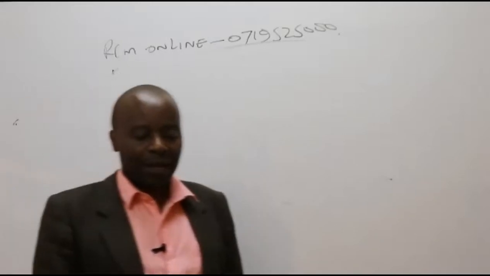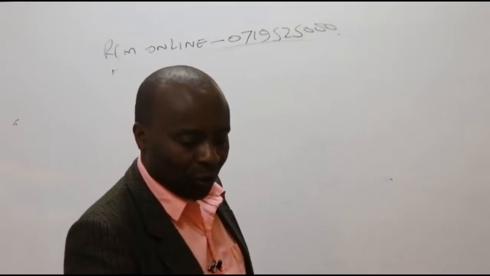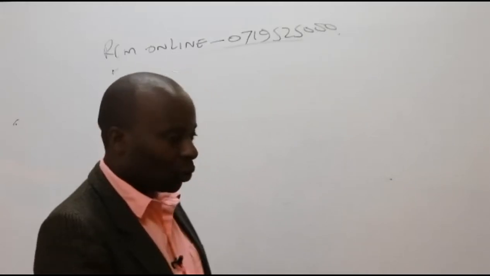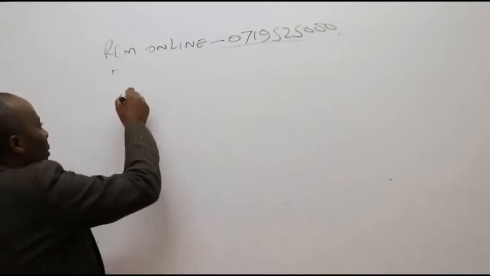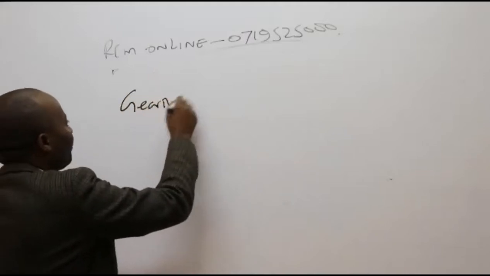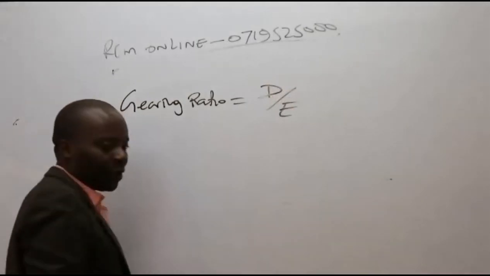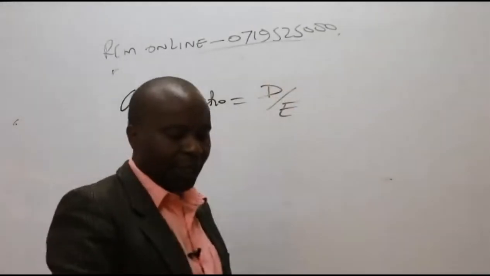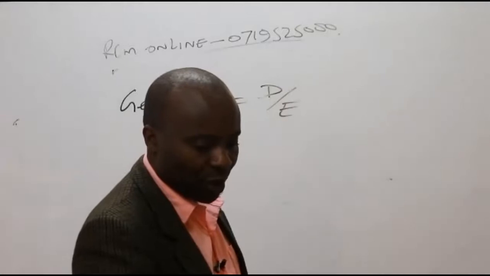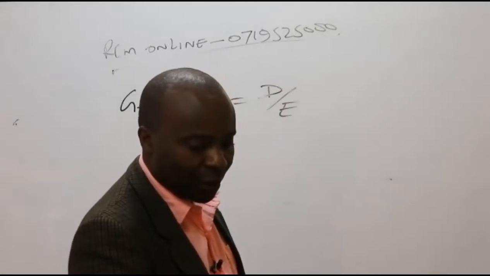For us to understand this, we have these formulas, of which I've already given you the first one. The first one, which is quite important, is the gearing ratio, which basically is a debt to equity ratio.